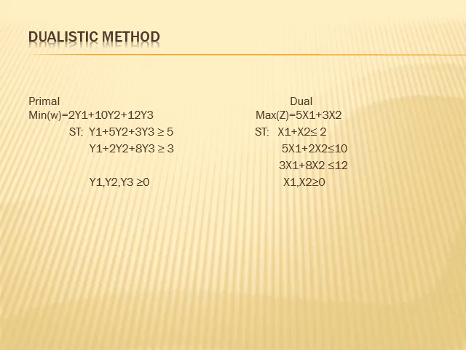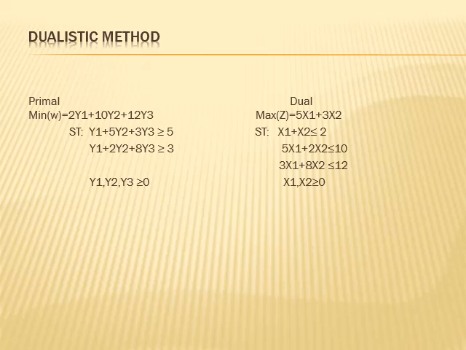The objective function consists of 3 variables, y1, y2 and y3. The decision variables of this objective function are 3: y1, y2, y3.